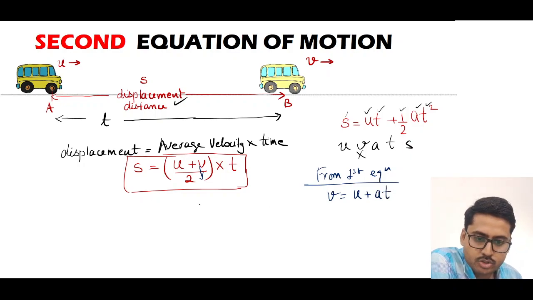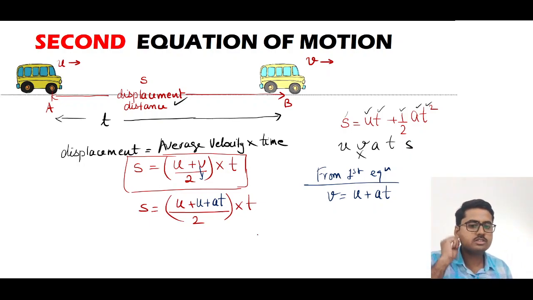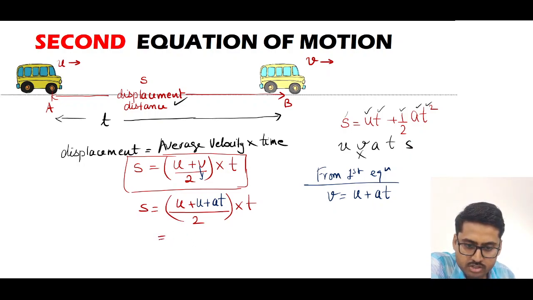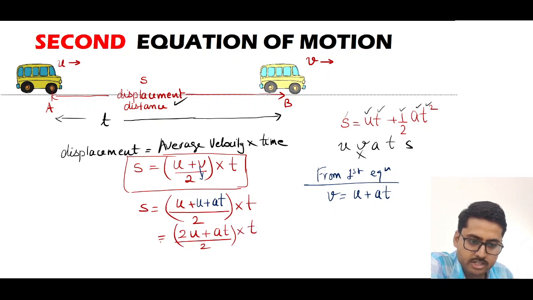So if I substitute the value of v as u plus at and write the other things as they are, that is (u plus u plus at) by 2, and into t, this will give us the second equation of motion if we simply multiply and solve further. This is u plus u will be 2u, and a plus at divided by 2, and the whole thing is multiplied by time t.